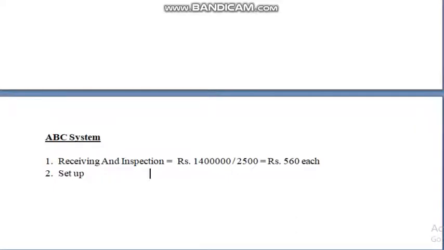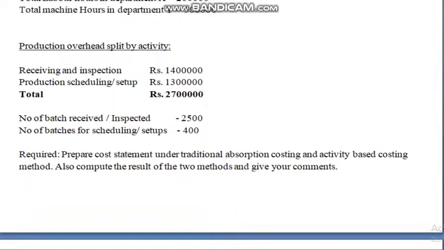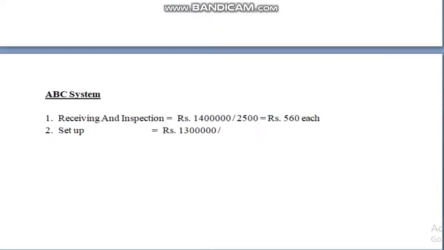The next activity, setup related cost. Production scheduling or setup related cost is rupees 13 lakh, divided by the total number of setups, since the setup cost is based on the number of setups.